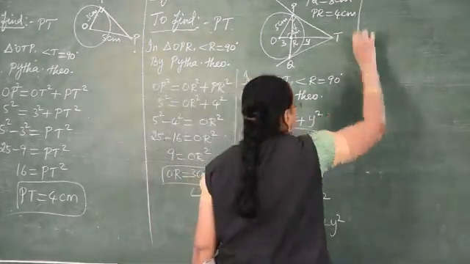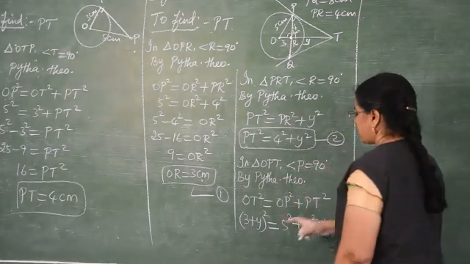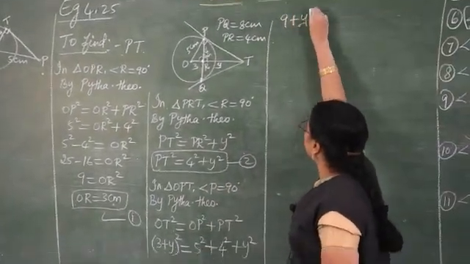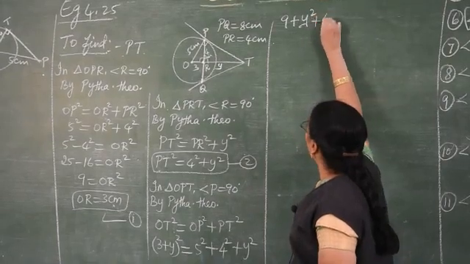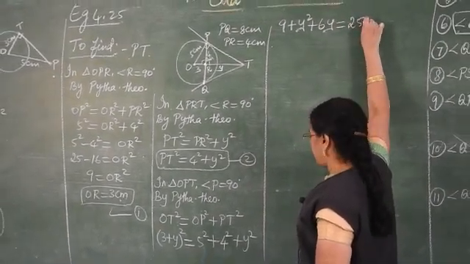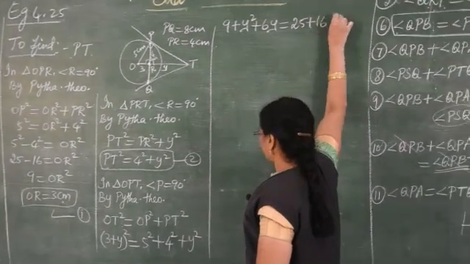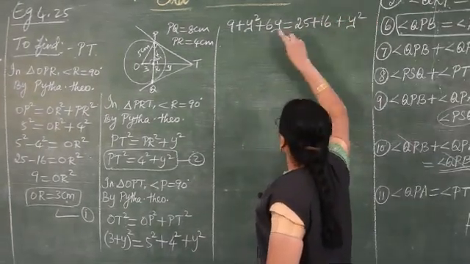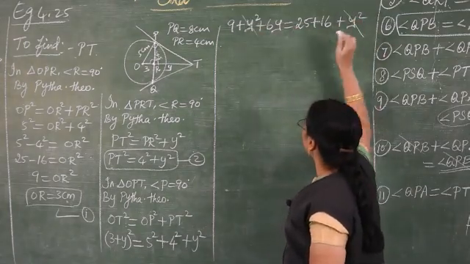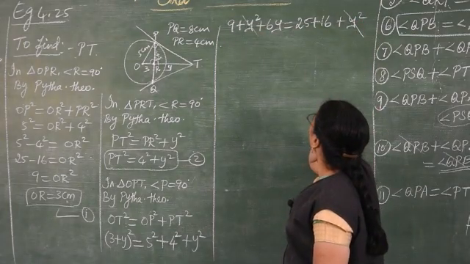A square is 3 square, 9, plus B square, Y square, plus 2AB, 6Y, equals 5 square, 25, plus 4 square, 16, plus Y square. On both sides you have Y square, so Y square will be eliminated.